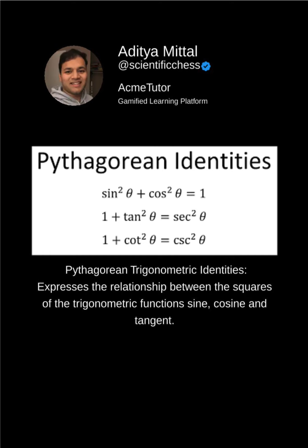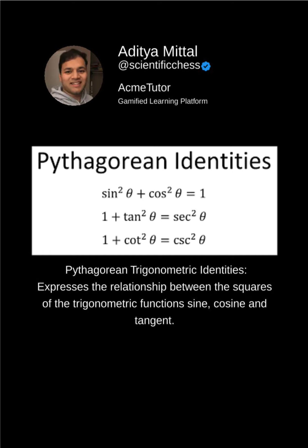So you're going to square the sine and you're going to square the cosine. And when you add them, you're going to get a 1. So you can think of it as kind of combining the ratios and using the Pythagorean theorem to get these identities.